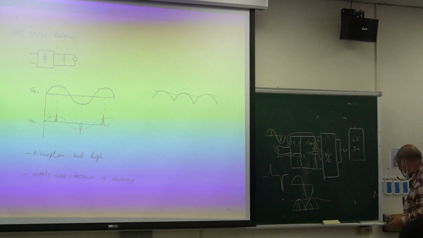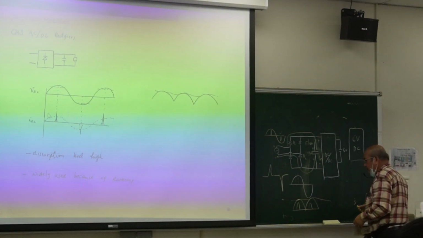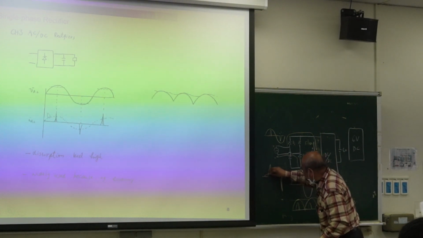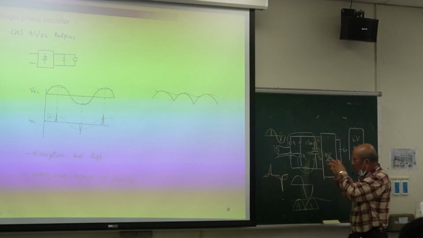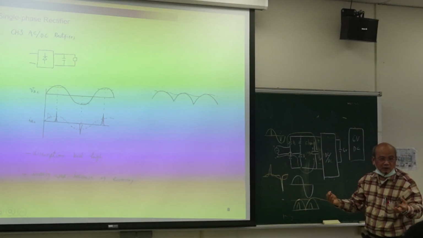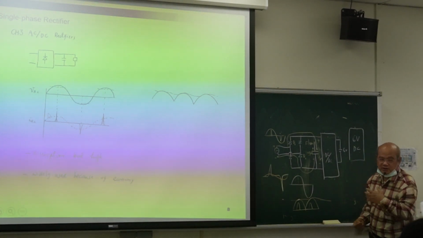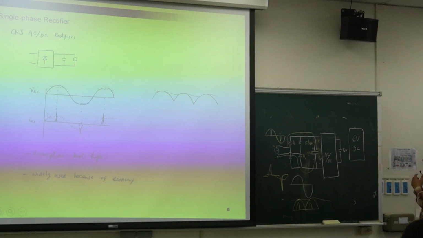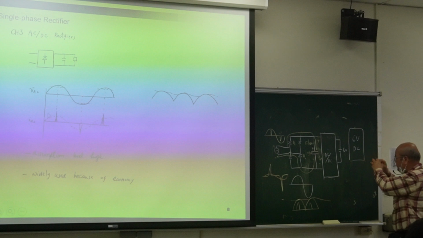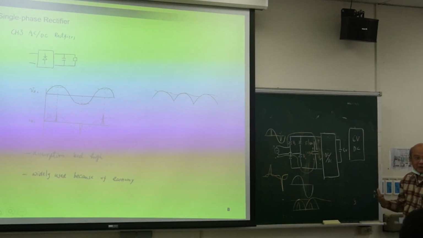If you have this current, then what is the fundamental? The fundamental is like this. But do you think your current is very close to your fundamental? No. It is distorted.